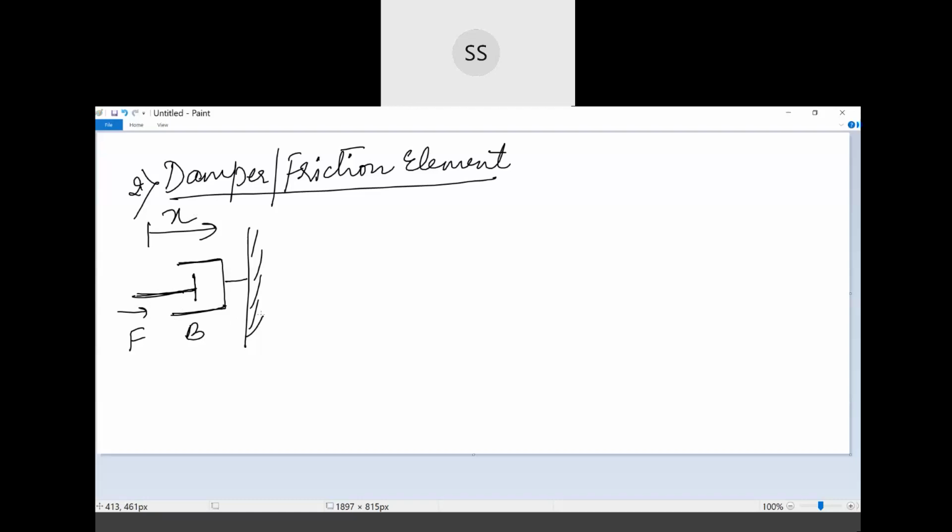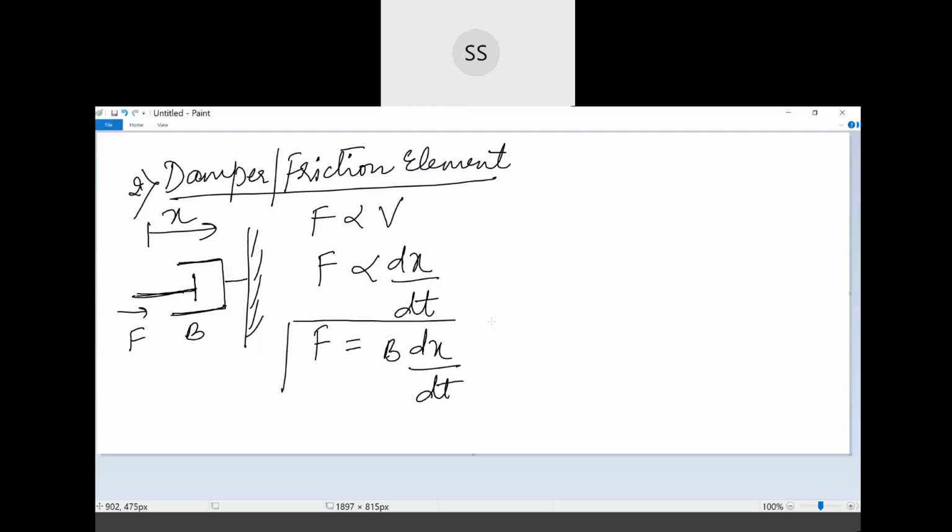This damper element offers an opposing force for the applied force F, and this force F will be proportional to V, the velocity. So F is proportional to dx by dt, because V is equal to dx by dt, the rate of change of displacement, or F is equal to B into dx divided by dt.